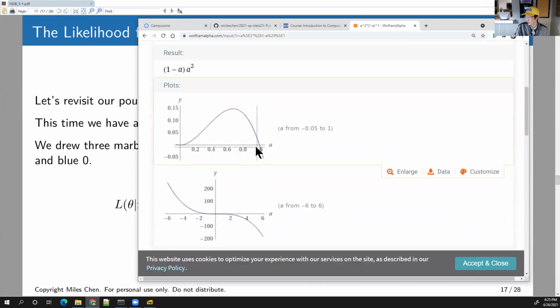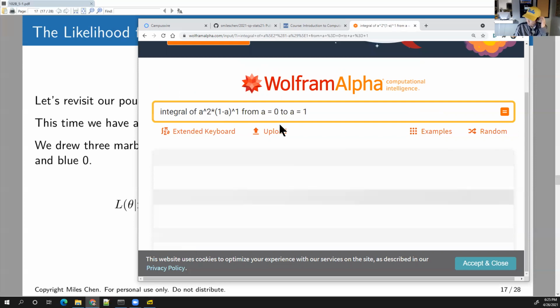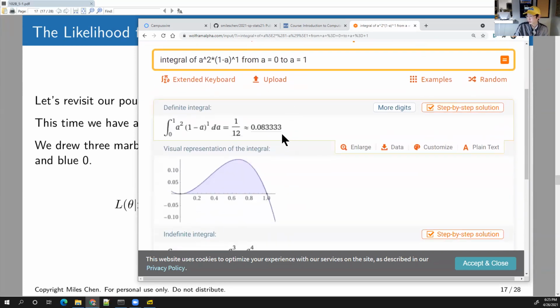Okay. So anyway, this is what the likelihood function looks like from 0 to 1. We can see the likelihood is highest around 0.67. And then if I integrate this from a equals 0 to 1, this does not evaluate to 1, right?